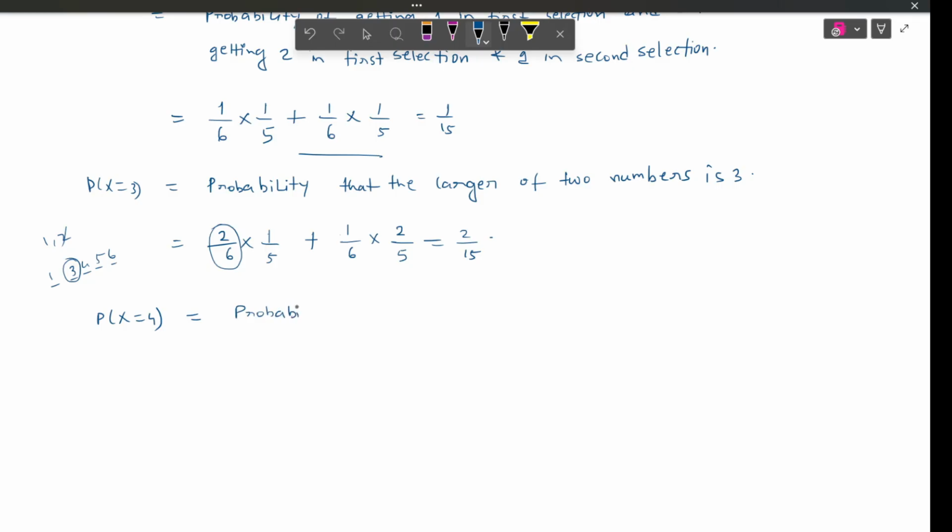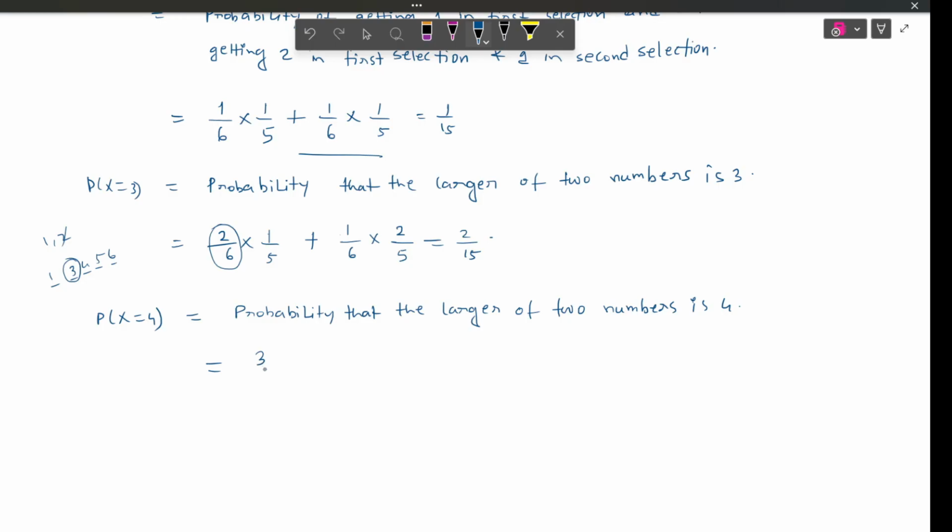Probability that the larger of two numbers is 4. So what are the possibilities? In the first row, we can take a number less than 4, that is 1, 2 and 3.